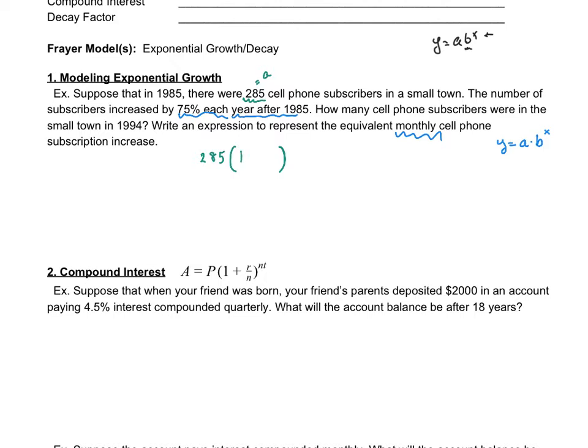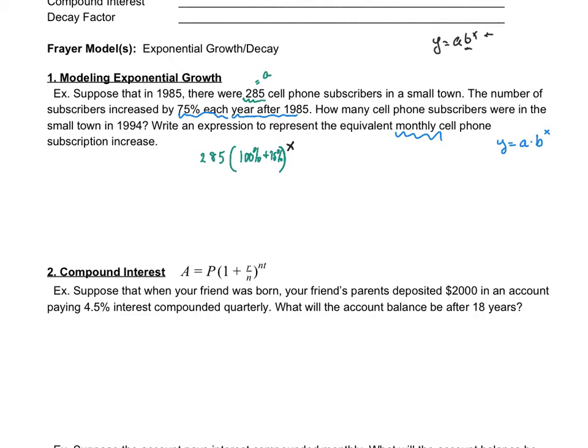So if I looked at that, that would be 100% of that original value plus an increase of 75%. I know I wrote that a little bit small, but 100% plus 75%. And that is going to be happening over x time.